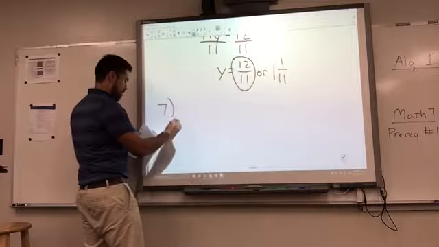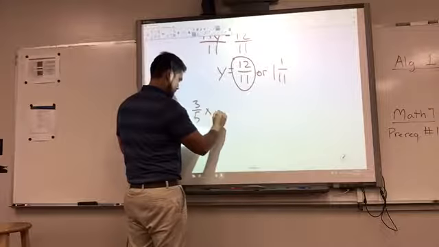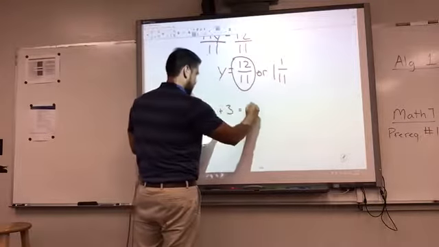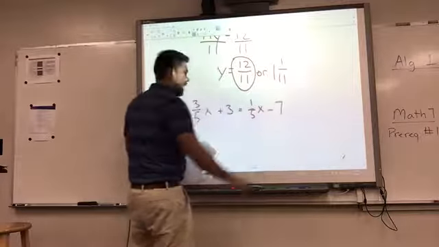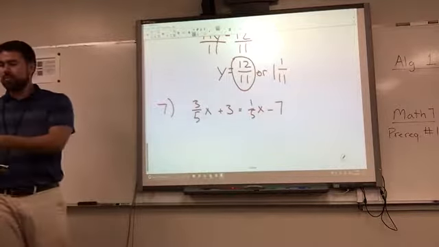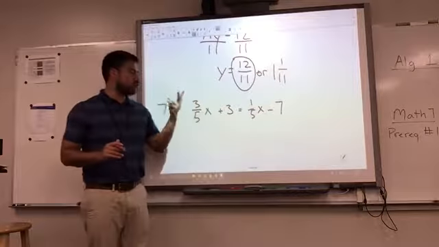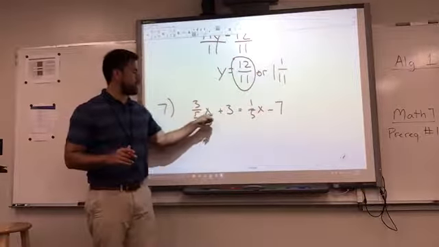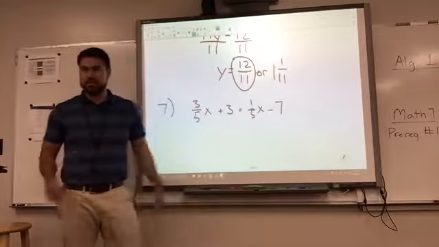Oh my, fractions. Okay, if you're not sure what to do, I'll help you out. I want to keep the variable positive, so I have two choices. I'm either going to subtract 3/5 x from both sides, or I'm going to subtract 1/5 x from both sides.